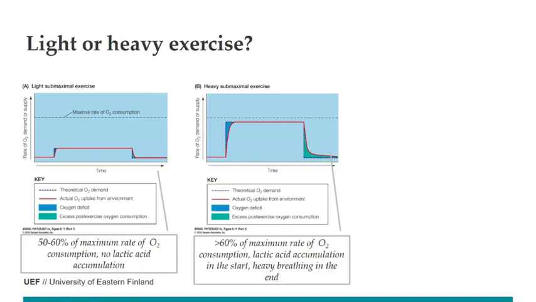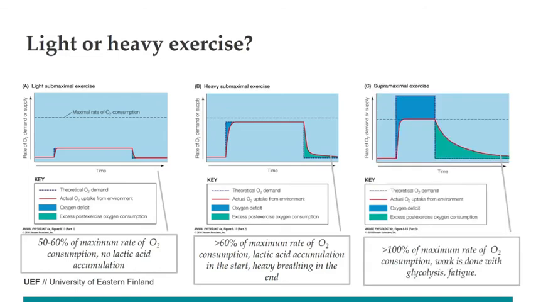And then the third way is that we can have supramaximal exercise. So you are running as fast as you can in the ball game. So it's more than the rate of oxygen consumption. And that means that now you are doing it anaerobically with glycolysis.